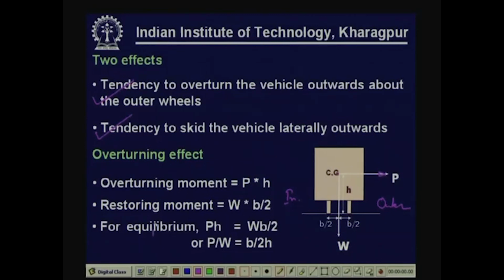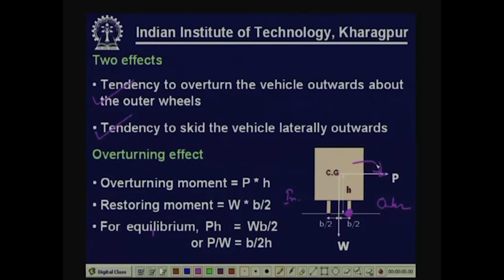If we take the moment about this outer wheel, the overturning moment is P multiplied by h, where h is the height of the center of gravity of the vehicle above the road surface. So, P into h is the overturning moment.